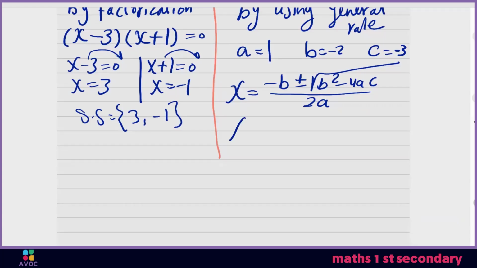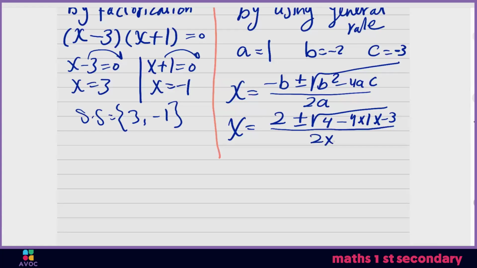So x equals negative b, which means negative negative 2 equals 2, plus or minus root of negative 2 all power 2, which equals 4, minus 4 times 1 times negative 3, over 2 times 1. So x equals 2 plus or minus square root of 16 over 2.